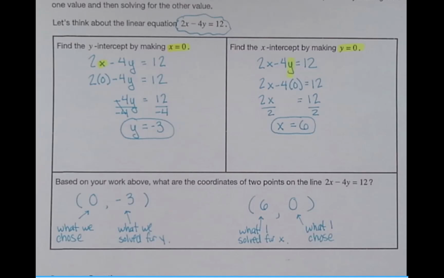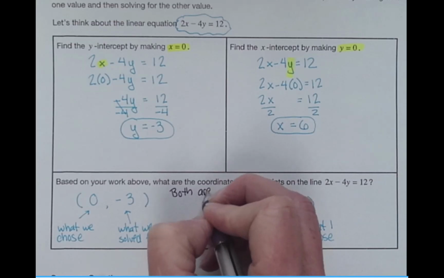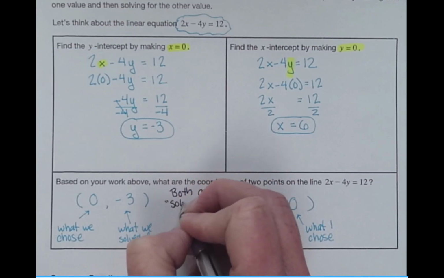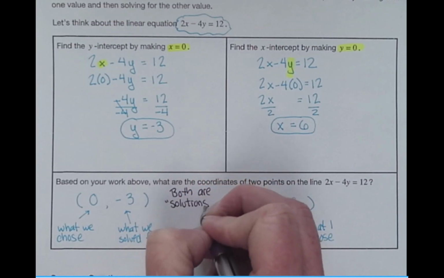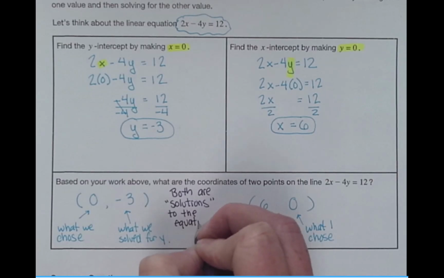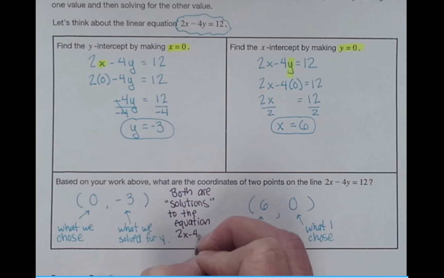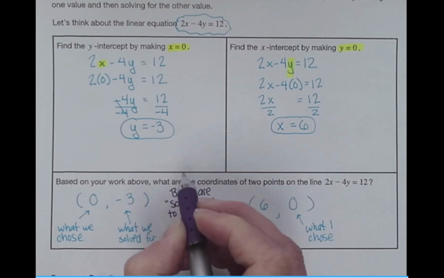What this little section is reminding us of is that both of these are solutions to the equation we started with, the equation 2x minus 4y equals 12.